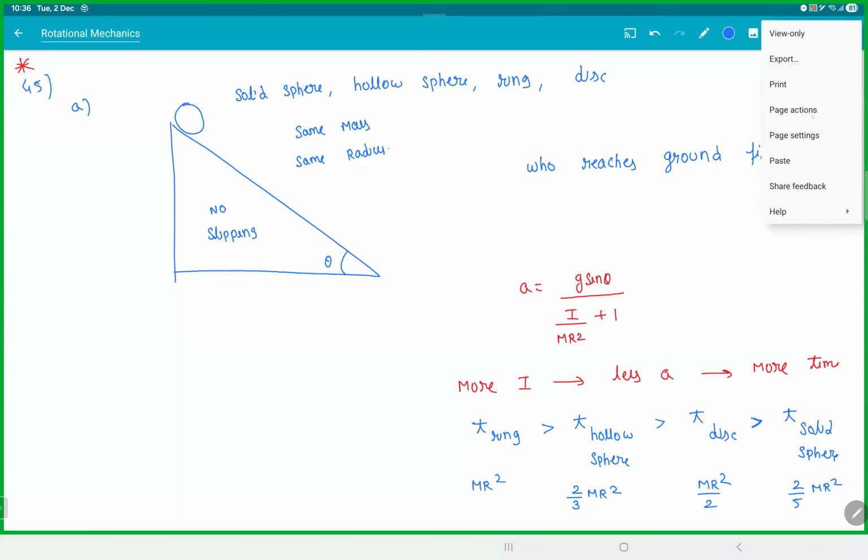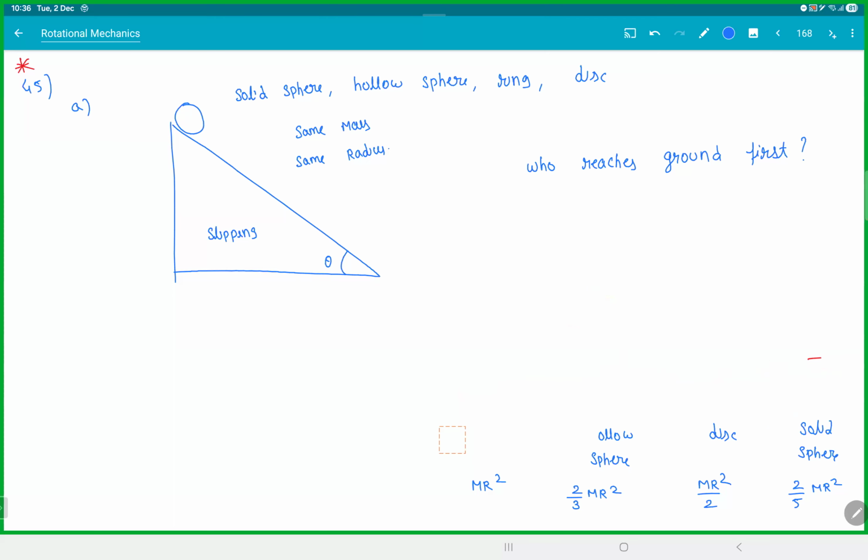Same question. There is a slipping. Now who reaches first? If there is a slipping, friction is not sufficient. Now who will reach first?